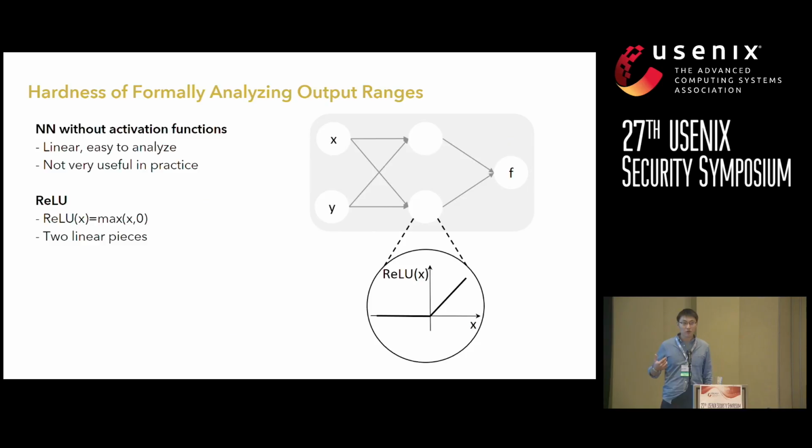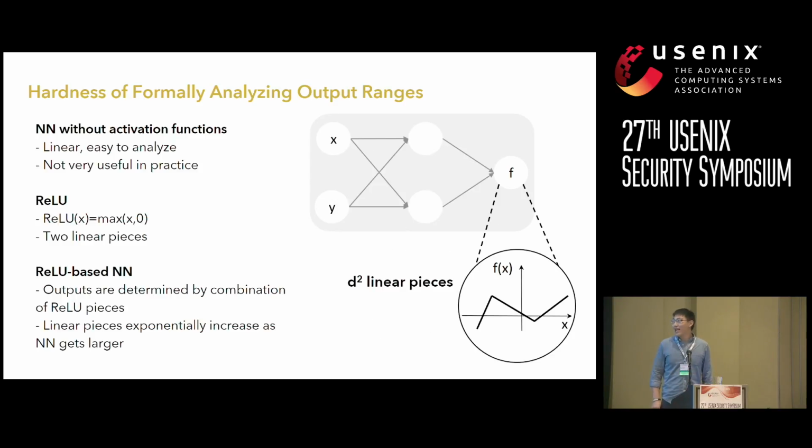However, with the ReLU, which has 2 linear pieces and one nonlinear turning point at 0, the ReLU-based neural network's outputs are determined by the combination of ReLU nodes, and these linear pieces exponentially increase as the neural network gets larger. For example, here there's one hidden layer and d hidden nodes in the hidden layer. Then that will be 2 to the d linear pieces, like the output function here.